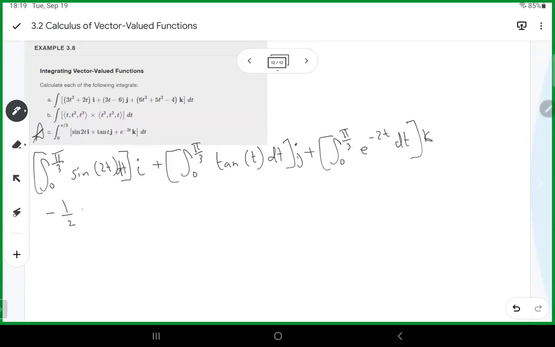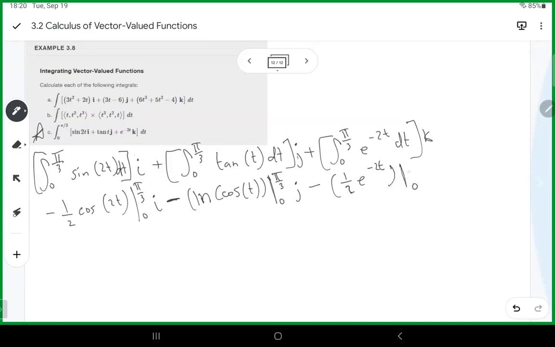So we'll have negative 1/2 cosine 2t from 0 to pi over 3 i, that's where I was shoving stuff in, minus the ln of the cosine of t from 0 to pi over 3 j, minus 1/2 e to the negative 2t from 0 to pi over 3.